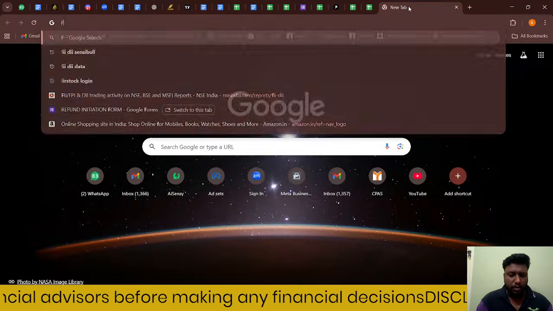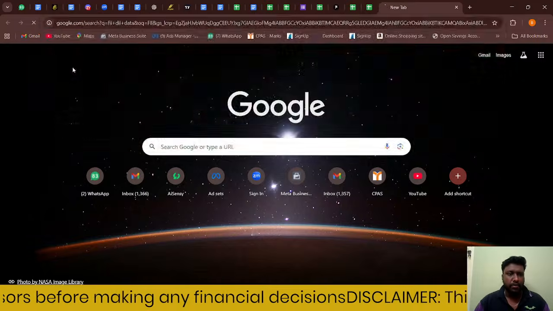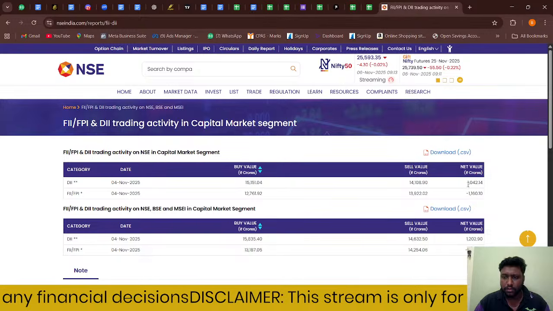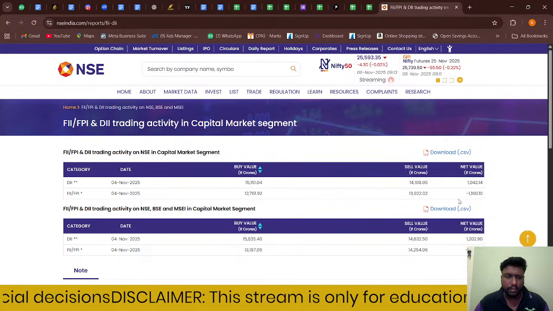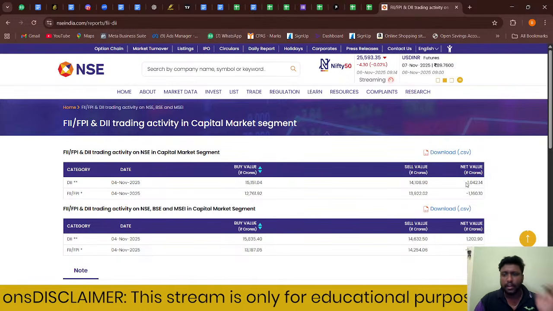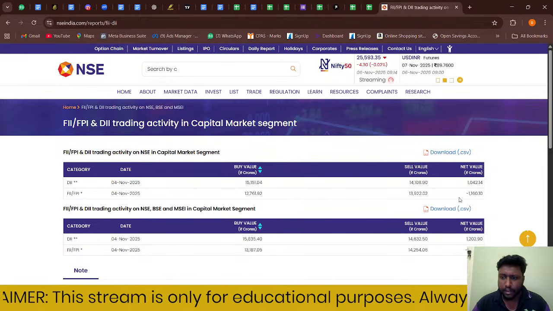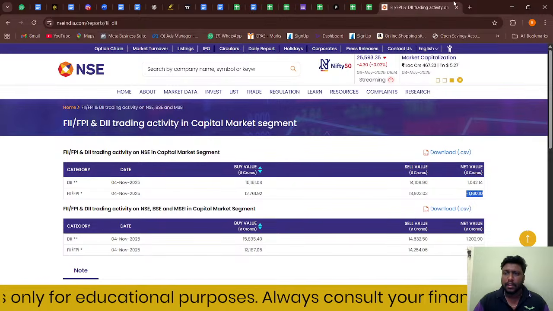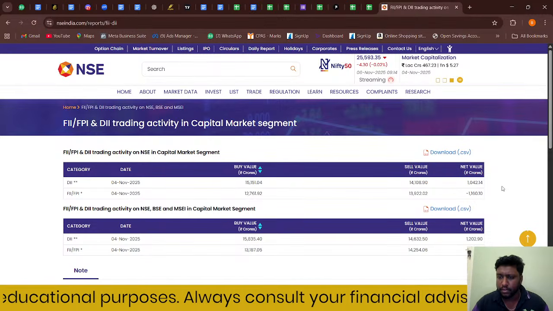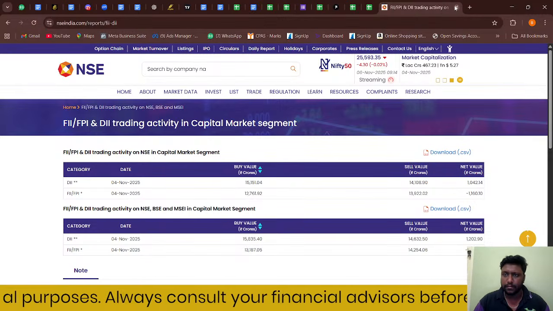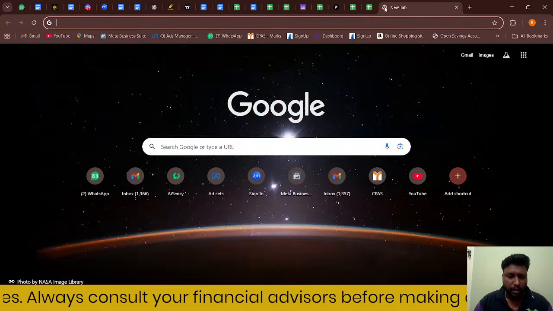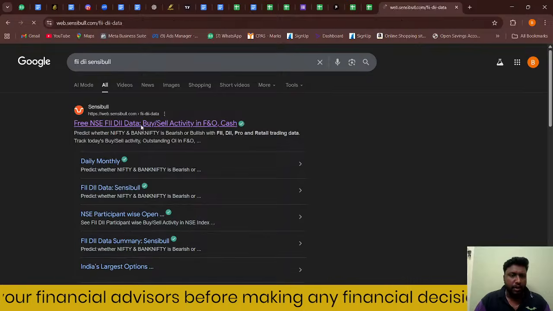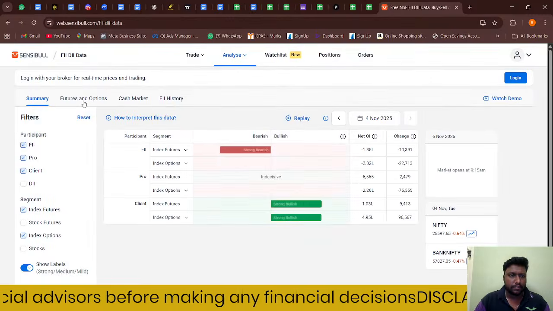So let's have a quick look at FII's data in the cash market. You can see here that DII added 1,000 crore to the cash market, and FII is continuing the trend, offloading nearly 1,200 crores from the market. So we will have a quick look at FII's FNO data.